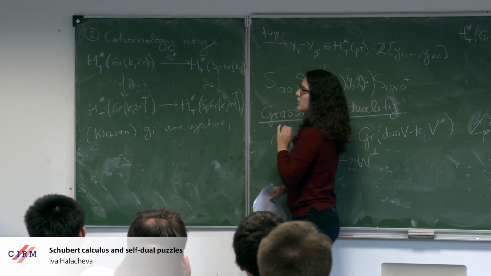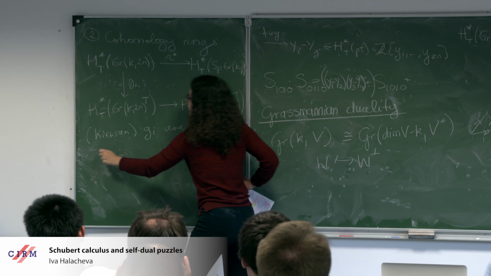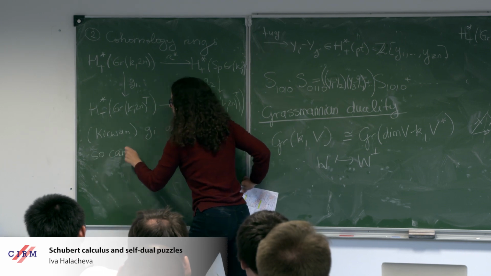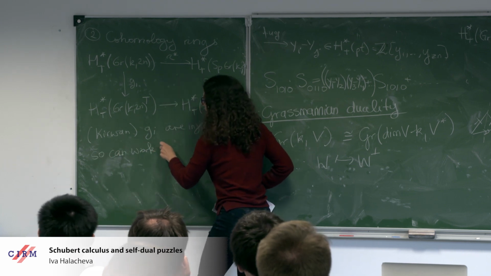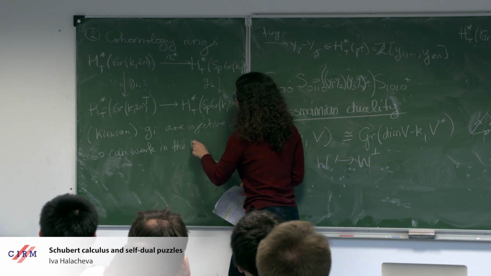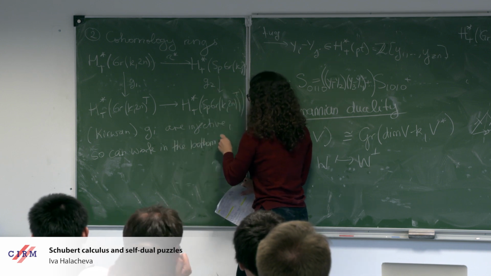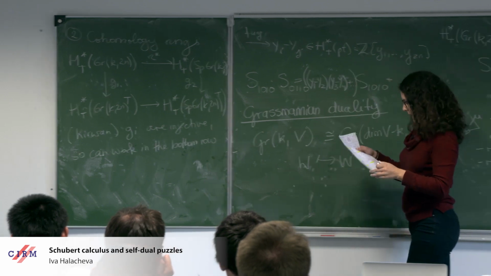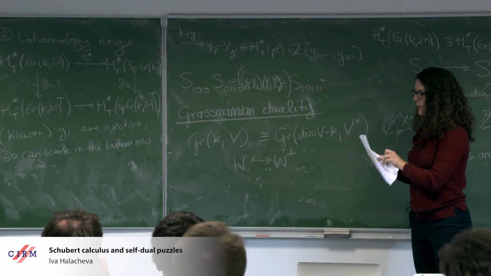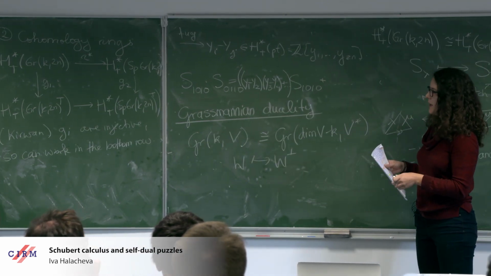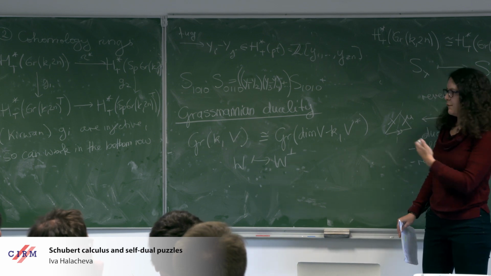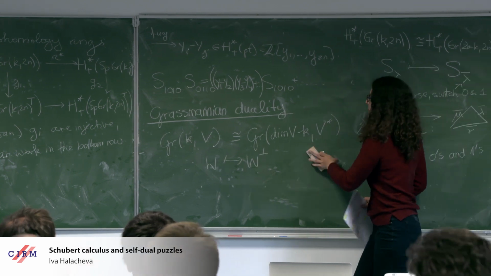So it suffices to work on the level of T fixed points. Okay, and this will be mostly relevant for when I say something about the proof of the theorem I'm about to state.